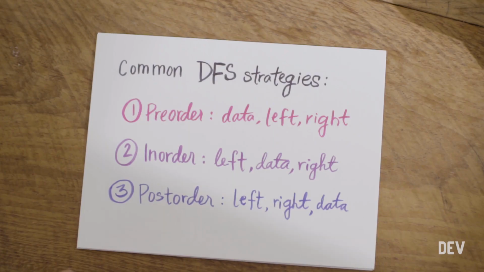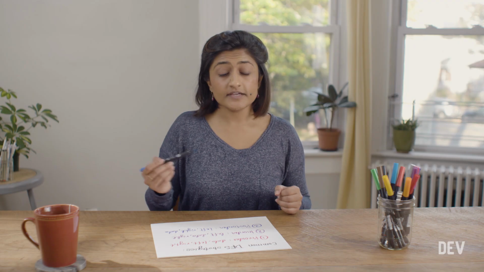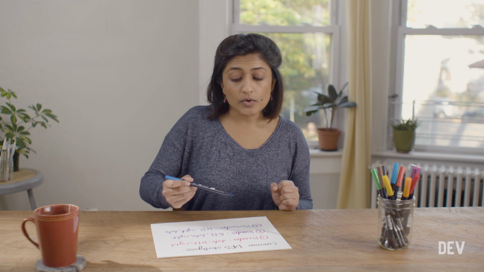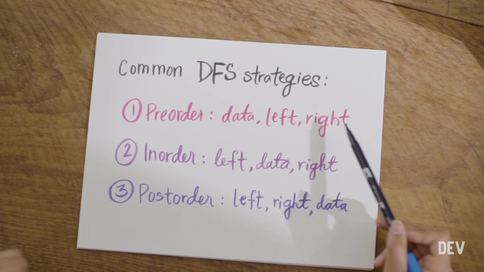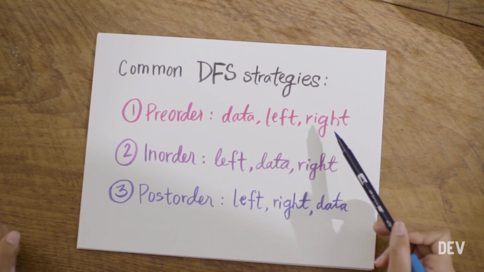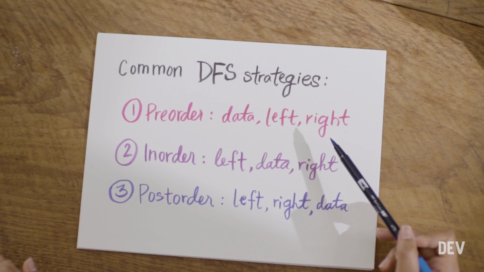There are three commonly used strategies when it comes to implementing depth-first search, and we refer to them as pre-order, in-order, and post-order. In pre-order search, we're going to traverse through the binary tree by reading the data of the root node and then looking at its left and right references if the node has any.